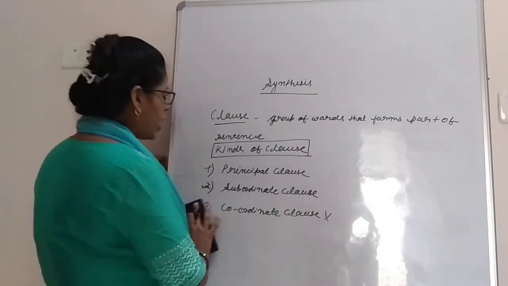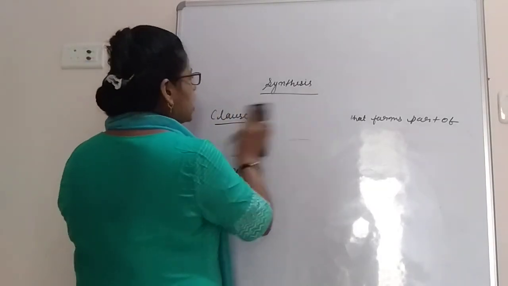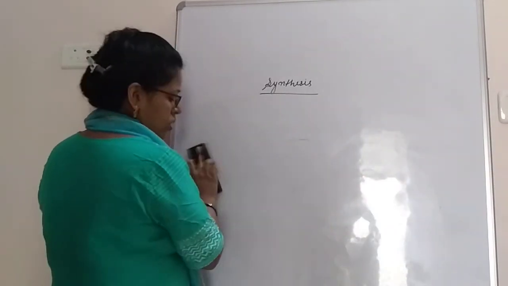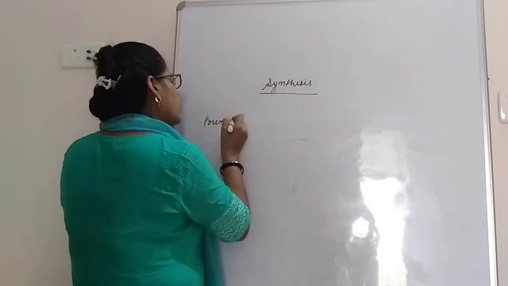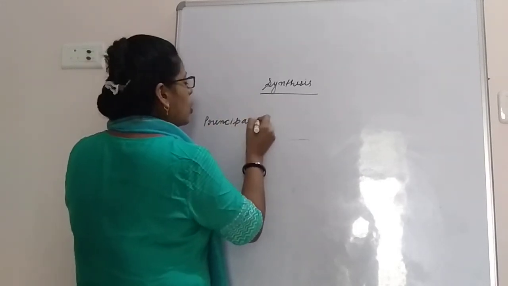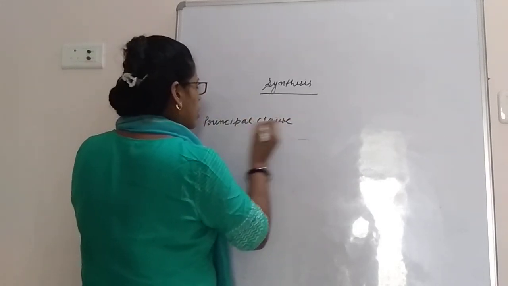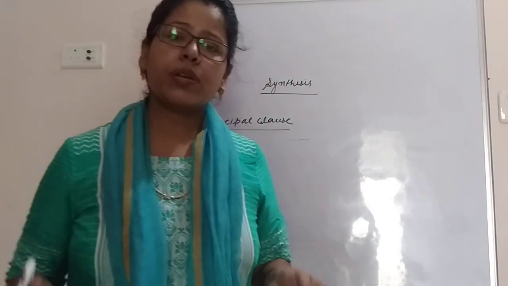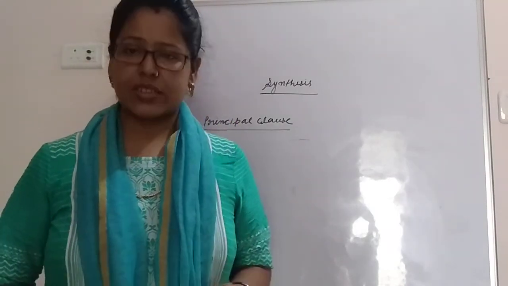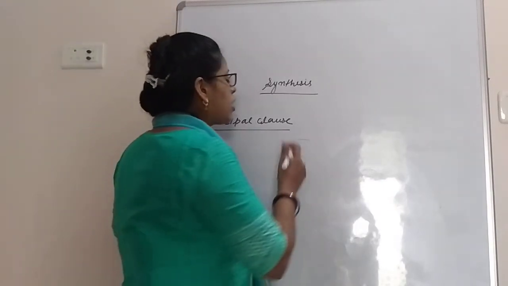Coordinate clause is not very much important in this topic. Okay. So we will understand at first what is the meaning of principal clause. At first, we will understand this principal clause. Then we will be able to understand compound sentence. Okay. So a principal clause is what?